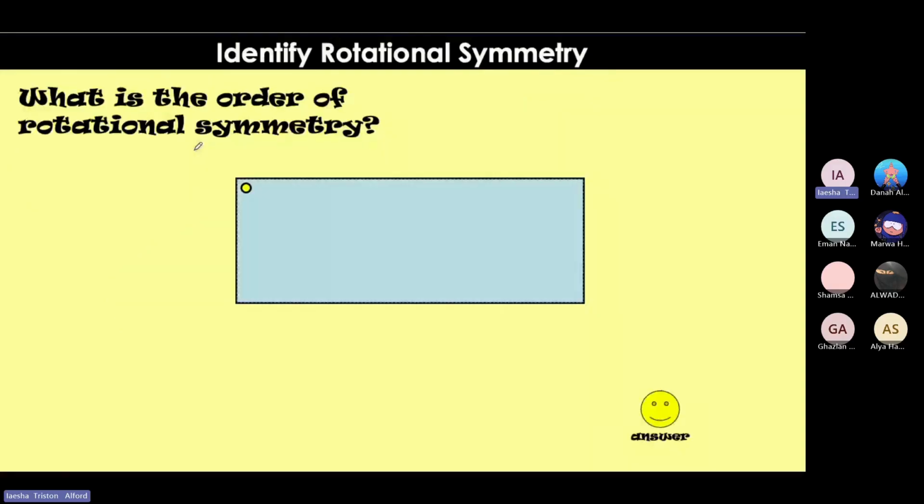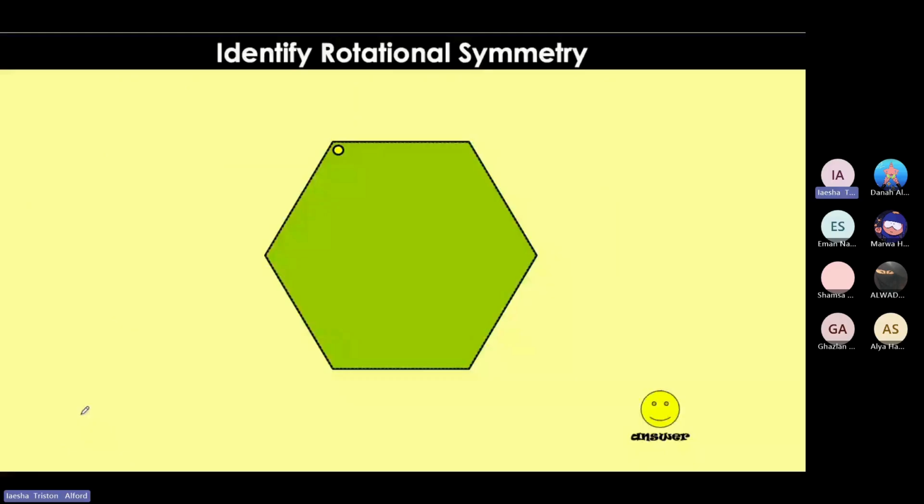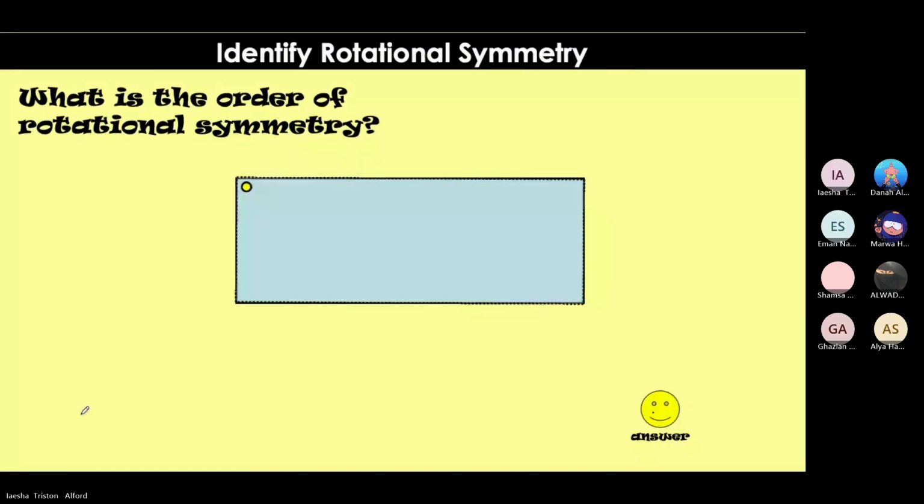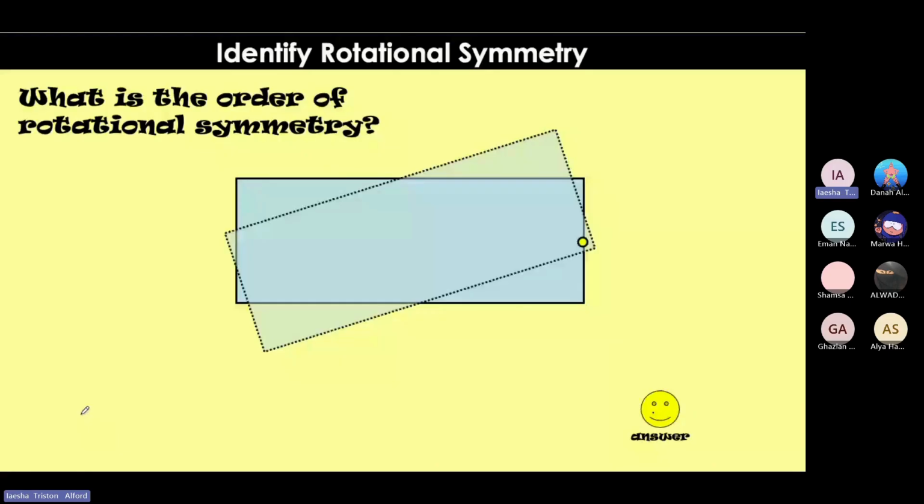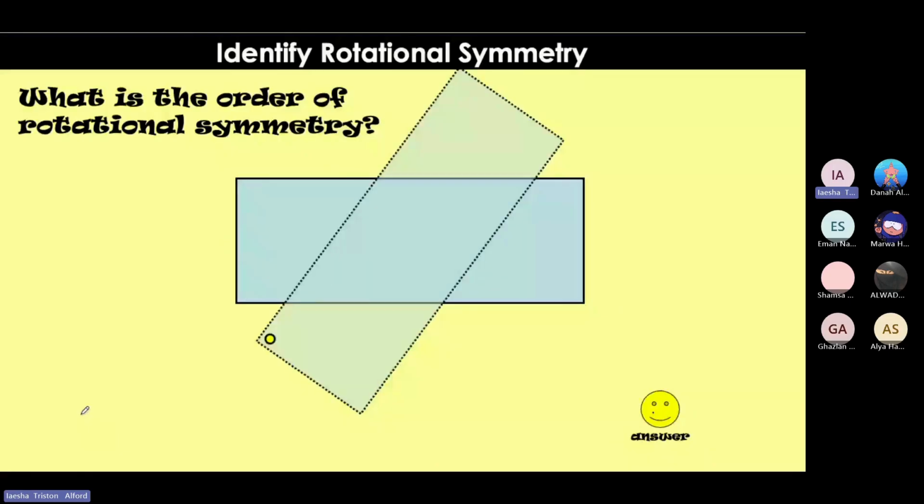This one, what's the order? 2. Miss, why can we not do 4? Watch it. I can't stop it, yeah? It's not gonna line up 4 times. It only lines up 2 times.